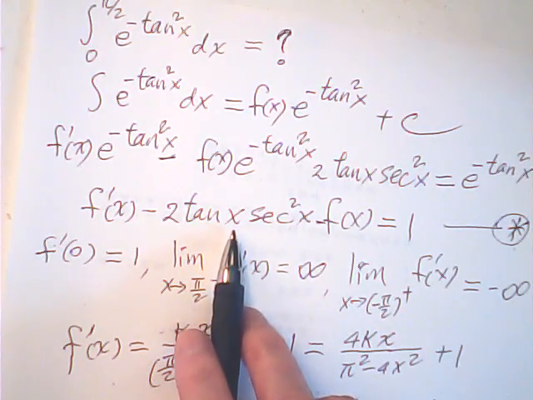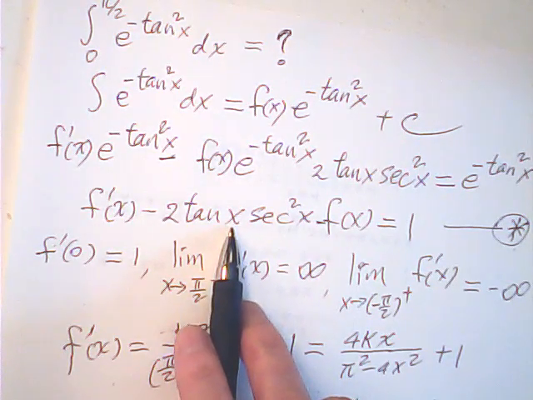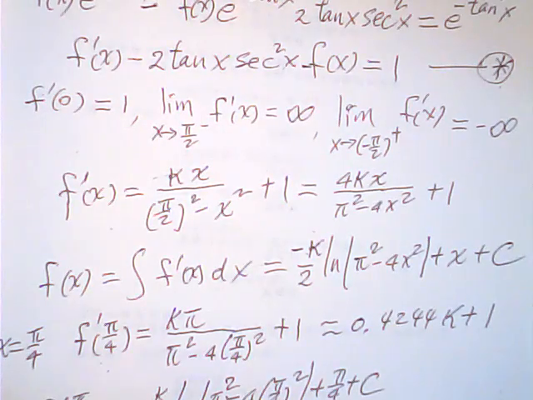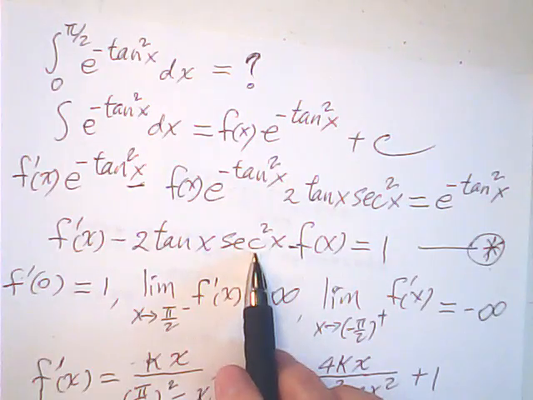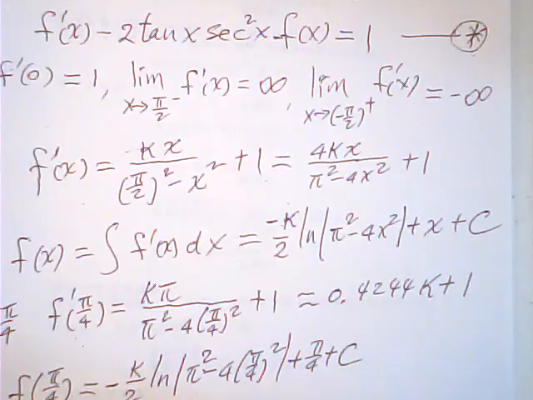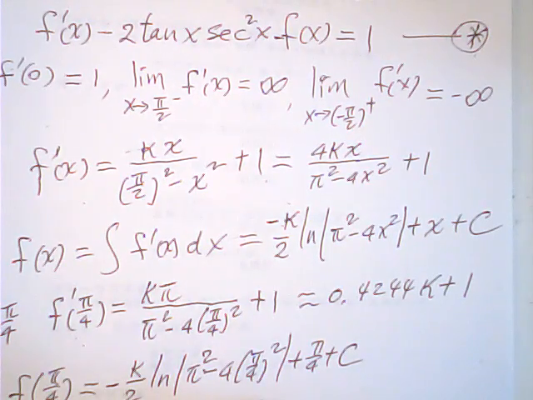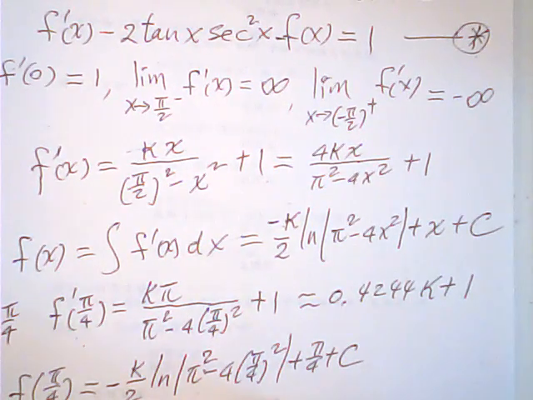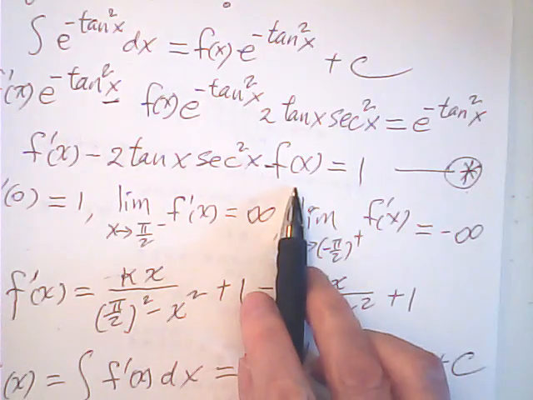When x is equal to quarter pi, tangent is 1, then the secant of quarter pi is equal to 2. Then multiply by f of x.